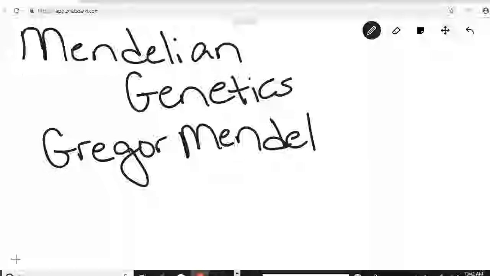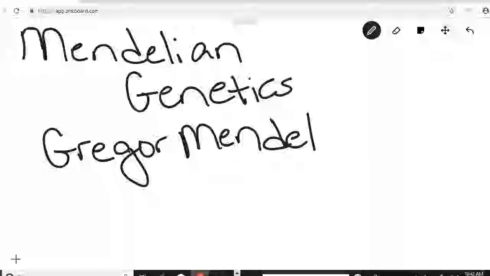He observed how different traits get passed on to offspring in organisms when sexual reproduction takes place, and he set forth some of the principles that we know and believe still hold true about genetics.